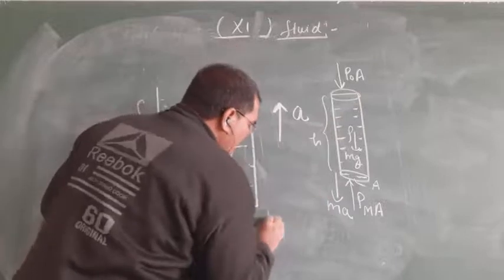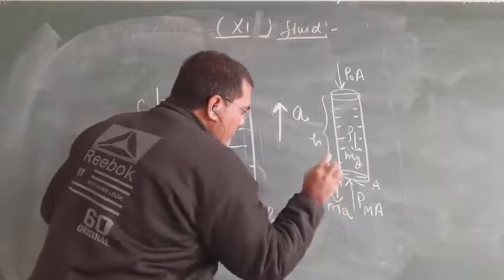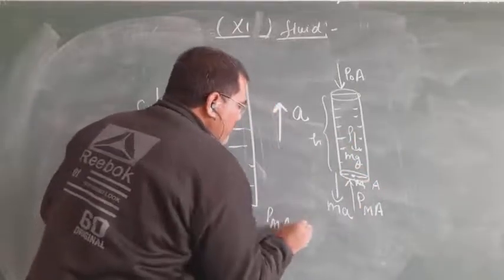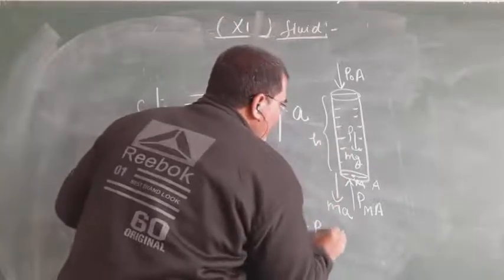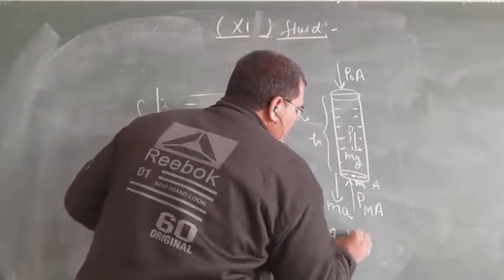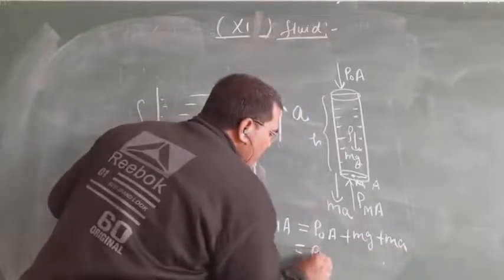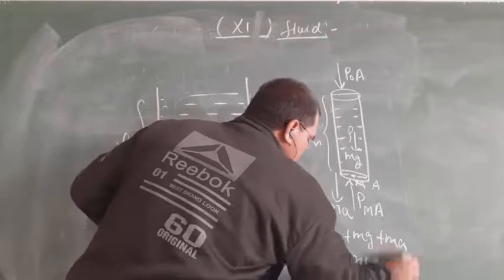So the pressure force at the bottom, P_m A, equals P naught A plus mg plus ma.